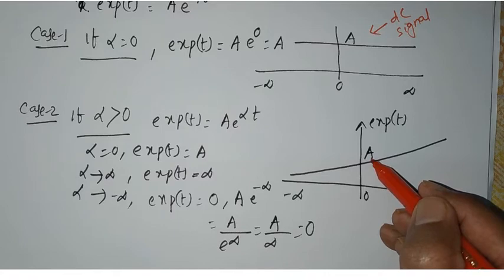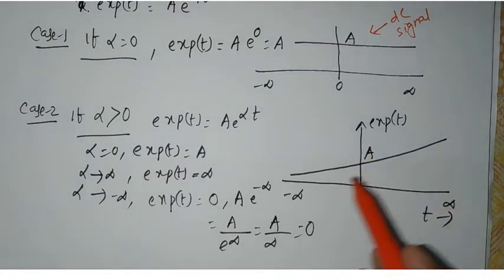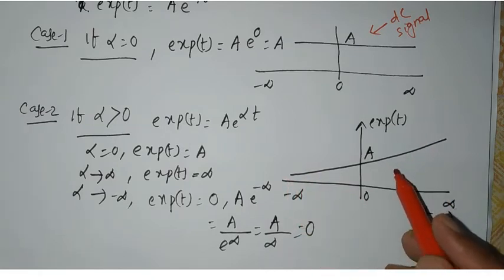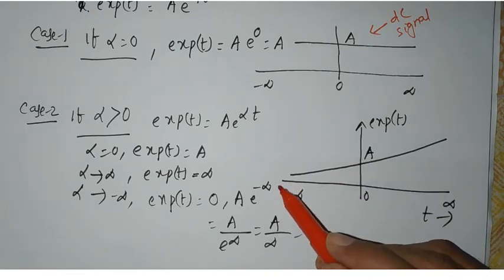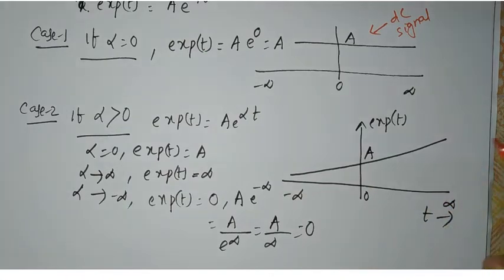Now when t tends to infinity, it is also going to infinity, and when t tends to minus infinity, it is approaching 0. So what type of signal is this? This is an exponential increasing signal, yes or not? From minus infinity to 0, see, it's increasing, yes or not? So it is an exponential increasing signal.